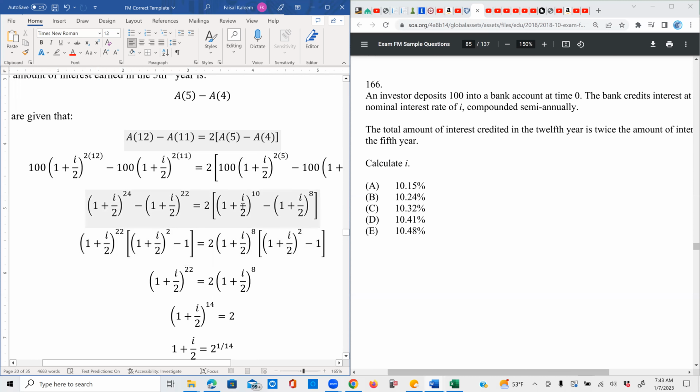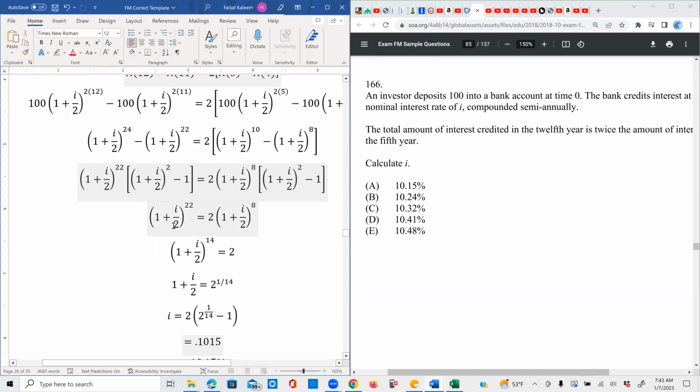equals, and again here we factor out the lower power, which is (1 plus i/2) power 8, and when you factor out 8 powers, we have 2 powers left out from this one and just a 1 left in the second term. And now you see that this term (1 plus i/2) squared minus 1, the term in the bracket, is the same on both sides, so we divide out by it, and we are only left with (1 plus i/2) power 22 equals 2 times (1 plus i/2) power 8.